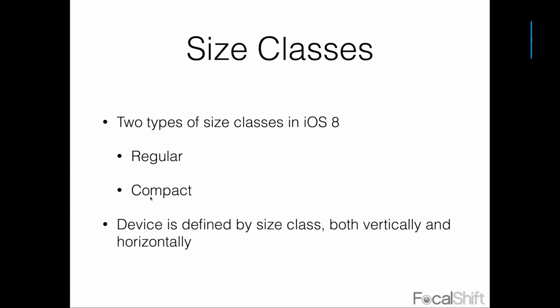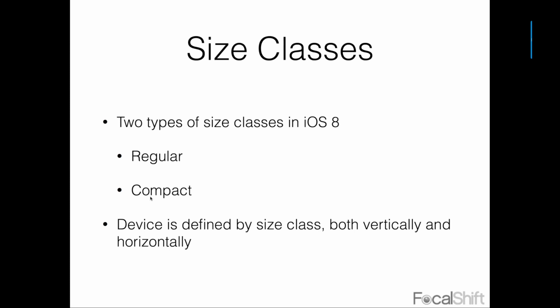If you think about a storyboard, every view controller they term as a scene. Every one of those scenes is basically a view that is intended to be displayed somewhere in the user interface. And every one of those views now, as of Xcode 6, will have 2 size classes associated with it. It will have one for horizontal and one for vertical sizing.